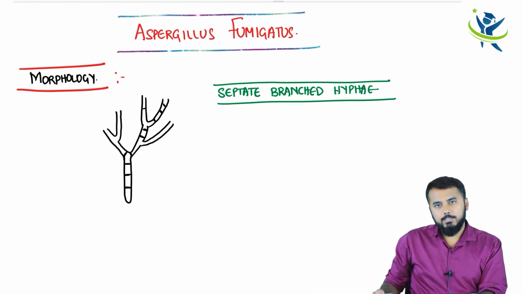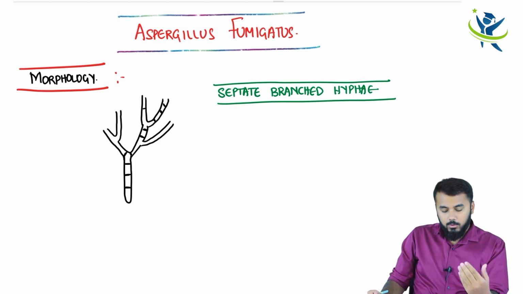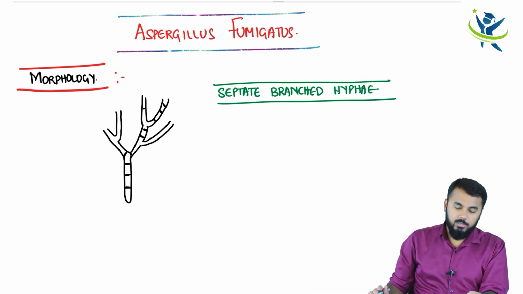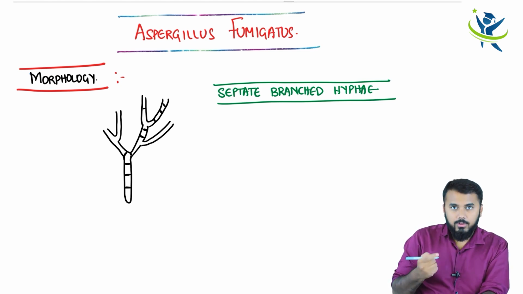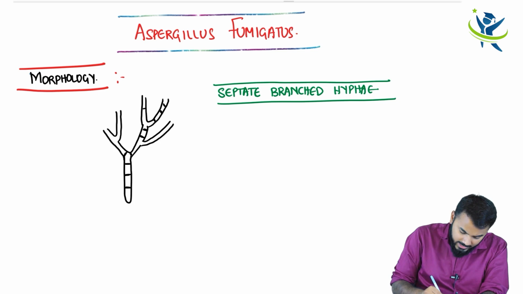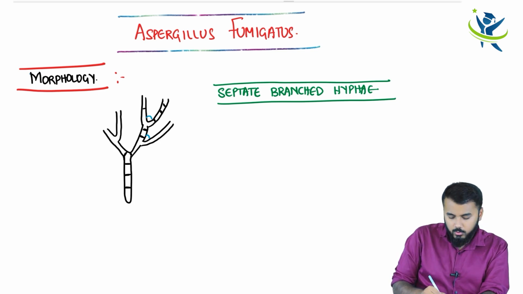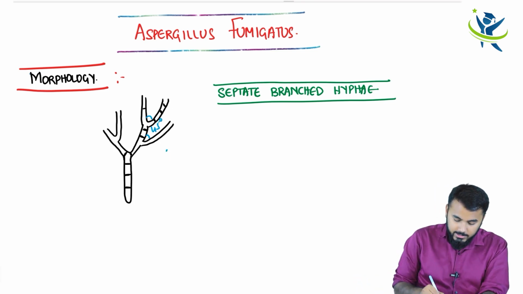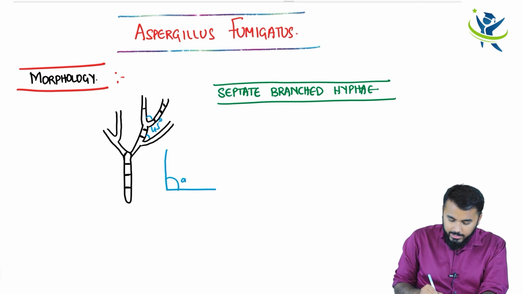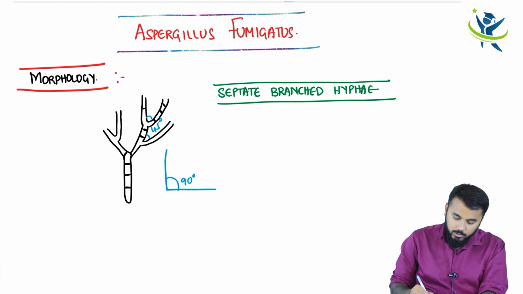When I'm telling that it is a branched hyphae, you have to know at what angle it is branching. Look here, guys: the angles at which it is branching are acute angles, right? I can say this angle is about 45 degrees. 45 degrees is an acute angle, isn't it? Let us say this angle is your 90-degree angle. So what do you mean by acute angle?